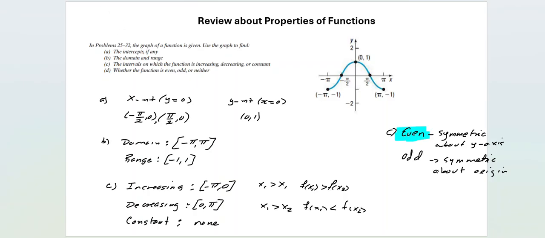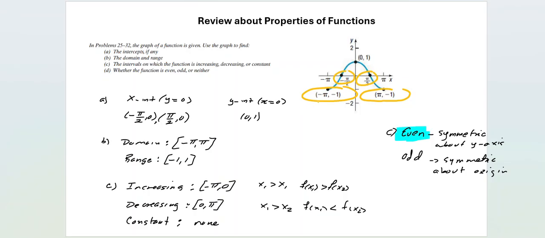As an example, you have the point pi comma minus 1 in your graph. Well, you have the reflection of that point, that is minus pi comma minus 1, the reflection with respect to the y-axis. You have the point pi over 2 comma 0 on your graph, and you have the point minus pi over 2 comma 0 on your graph.